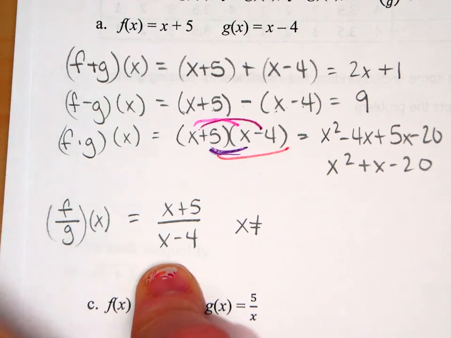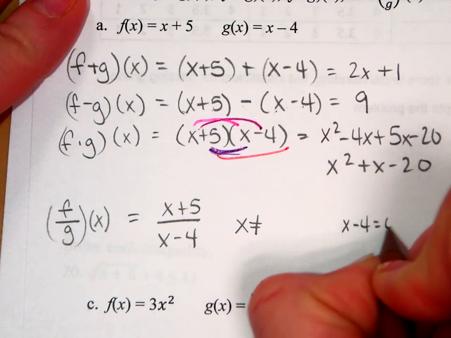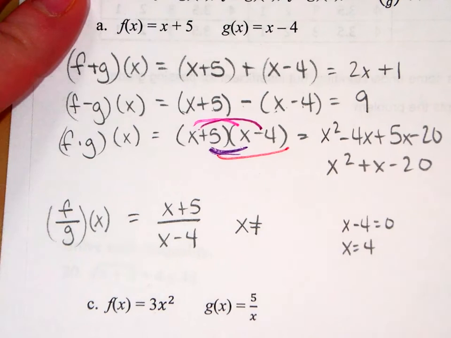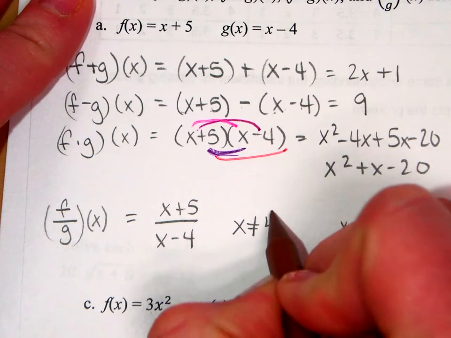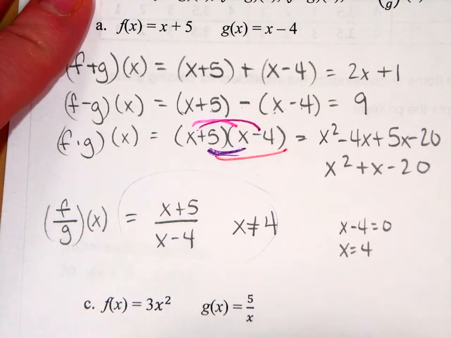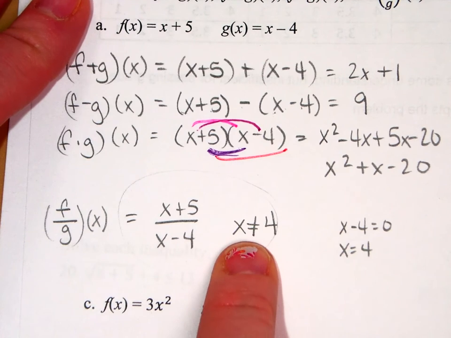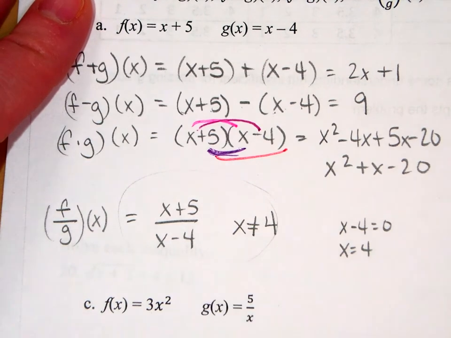So, off to the side, I'm going to take X minus 4, set it equal to 0, and say X equals 4. If X equals 4 in this equation, either one, I will divide by 0, since 4 minus 4 is 0. So X cannot equal 4. This whole thing right here, the fraction plus what value X cannot be, is the whole answer.